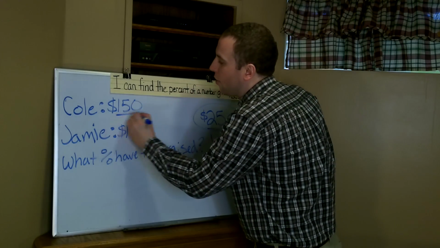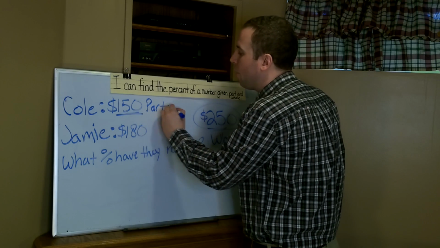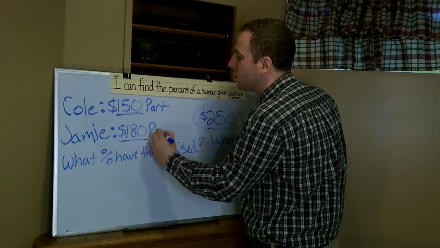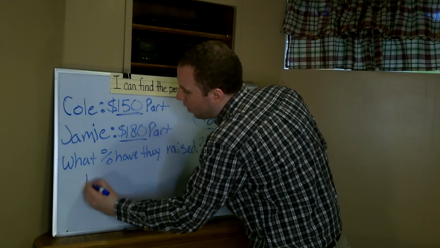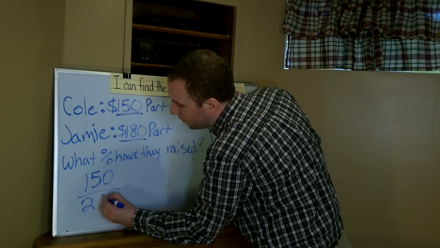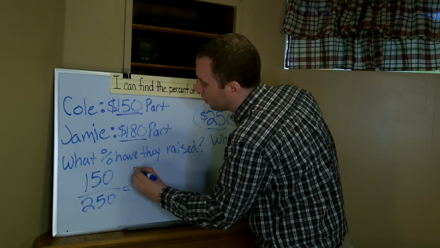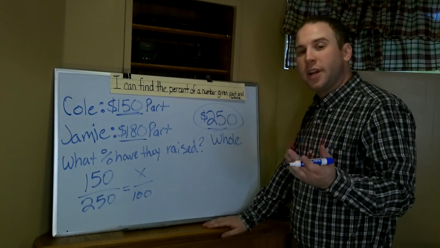For Cole's problem, 150 is going to be our part, much like 180 is also going to be a part. So we're going to do 150 over 250 equals x over 100, because again, we don't know what that percentage is.